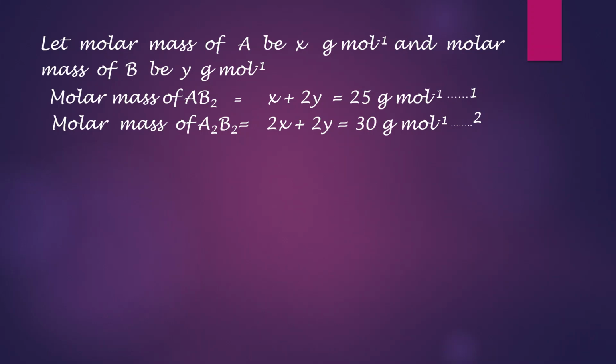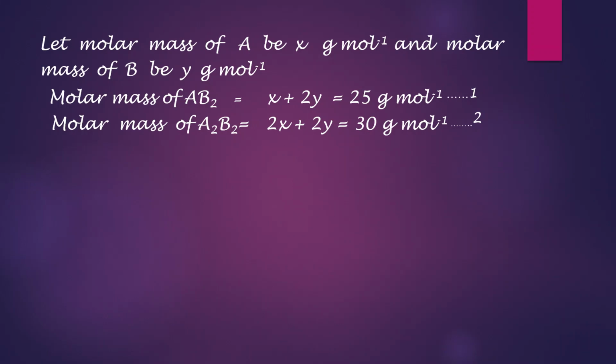Similarly, the molar mass of B is y gram, and multiplying this with the number of atoms of B, that is 2, gives 2y. Adding these two, 2x + 2y equals 30 gram per mole. Call this equation 2.